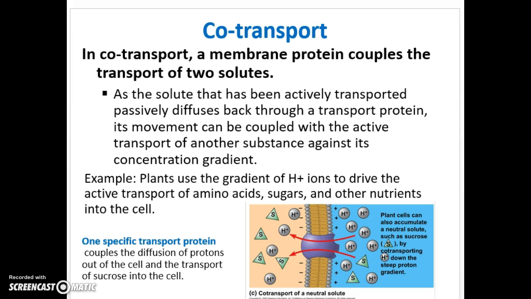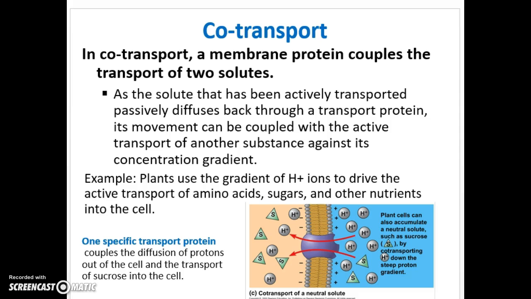So one solute will be actively transported by passively diffusing back through the transport protein. And that passive diffusion gets coupled with active transport of another substance against the concentration gradient.